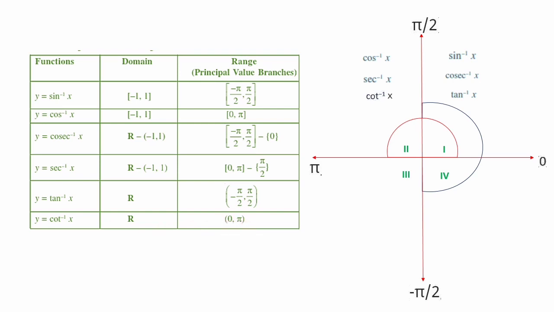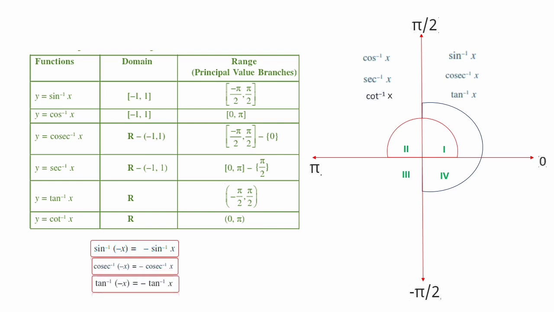There are some other formulas we discussed in the last class. Sin inverse of minus x is minus sin inverse x. Cosec inverse of minus x is minus cosec inverse x. Tan inverse of minus x is minus tan inverse x. For the other three, cos inverse, sec inverse and cot inverse, if a minus comes, cos inverse of minus x is pi minus cos inverse x; we have to subtract from pi.